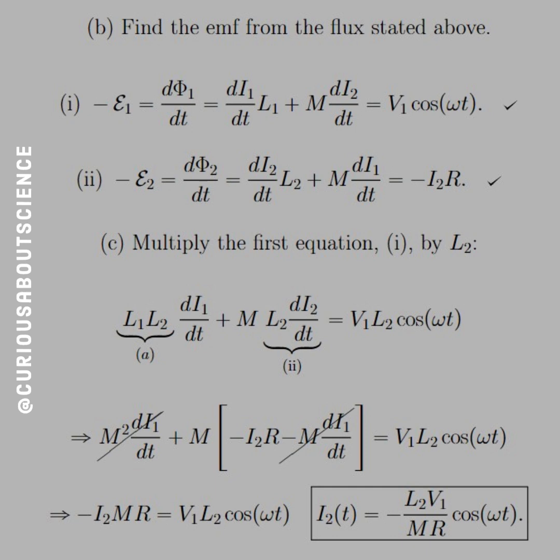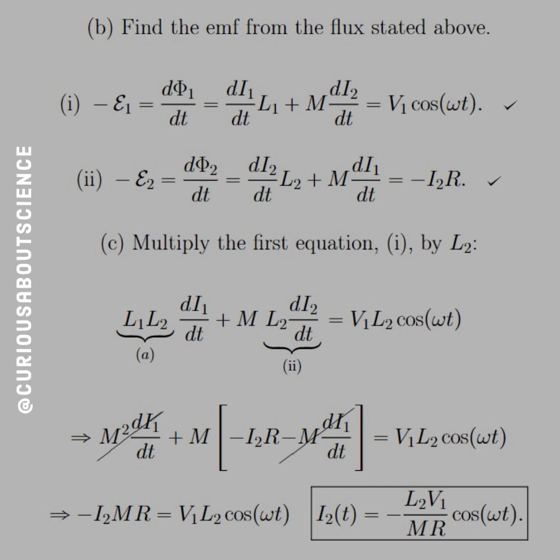What we see is that the di terms cancel because we have M squared on both of them, plus or minus. So what we're left with is negative I2 M R is equal to V1 L2 cosine omega t, which is awesome because now we can directly solve for the second current just by dividing the negative MR over.